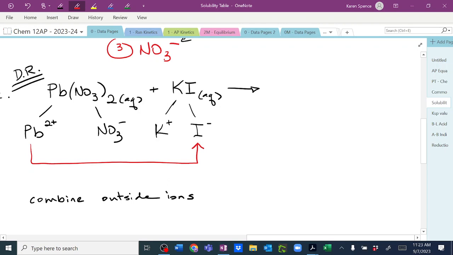Yes? You would need to be able to figure that out from the fact that you have a compound and a compound, and they're both ionic compounds. So double replacement, 2 ionic compounds. Good? Okay. So we have lead, we have iodide. What would we get?